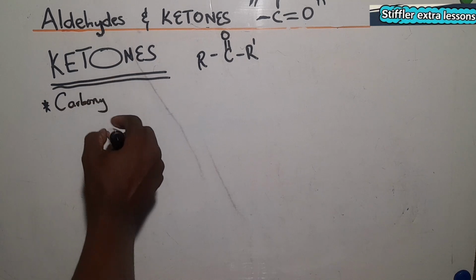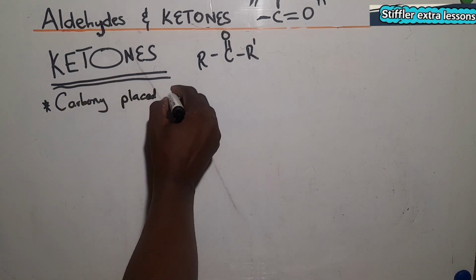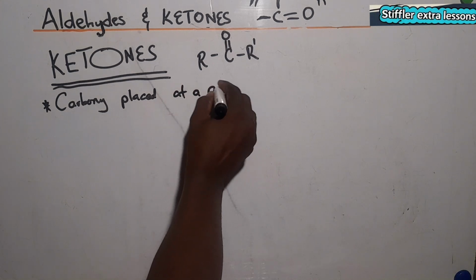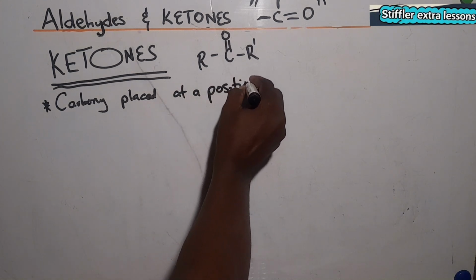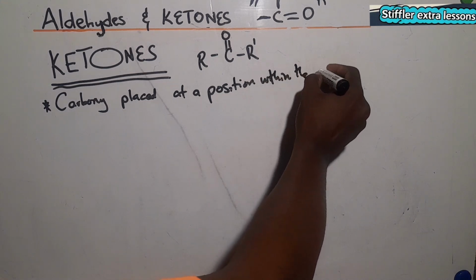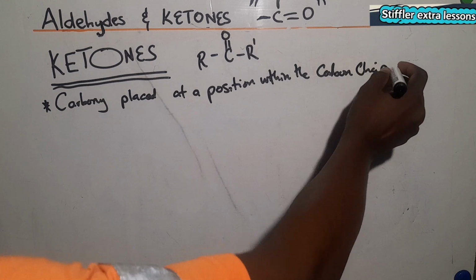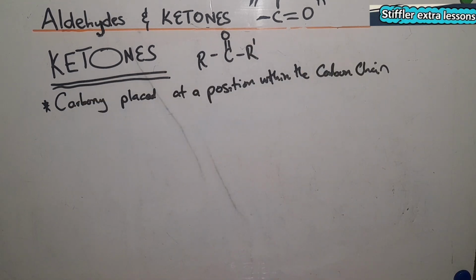They have this carbonyl placed at a position within the carbon chain. So now this carbonyl is no longer at the end like in aldehydes, right? Now it is somewhere within the longest chain.